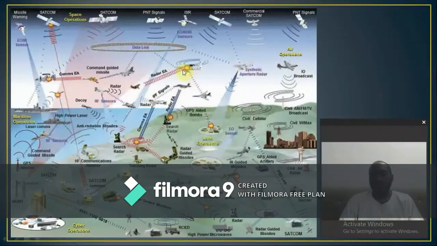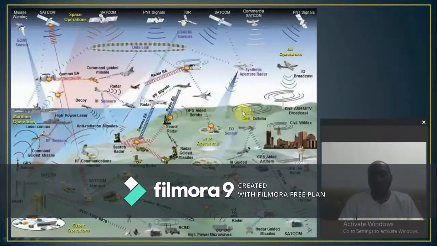This is showing radar for an electronic attack, command of guided missiles, communications in an electronic attack. That's radar. We have GPS aided bombs that were used in the 1991 Gulf War in Iraq.